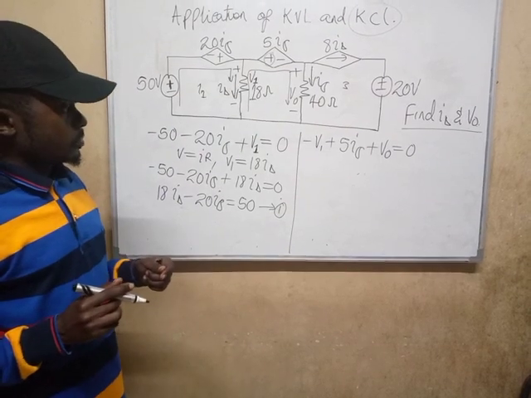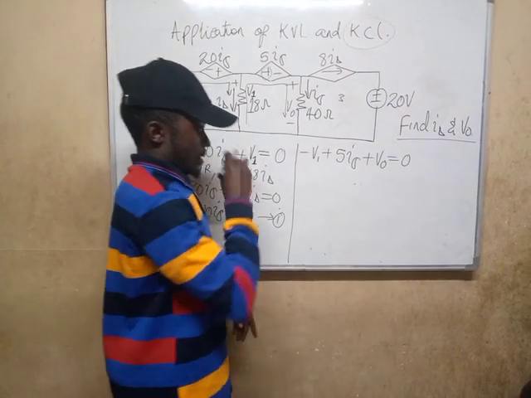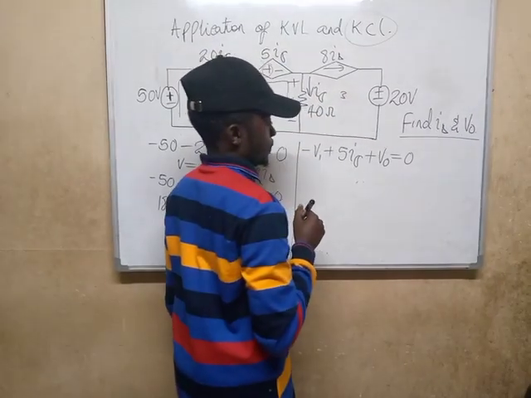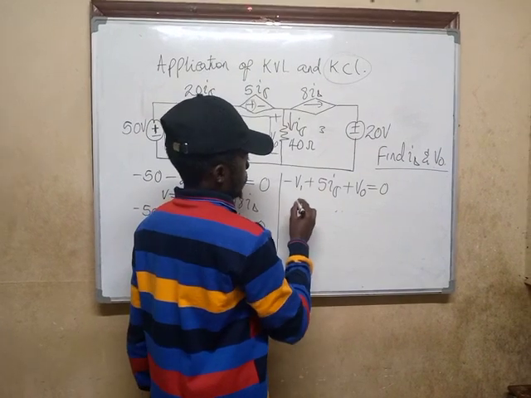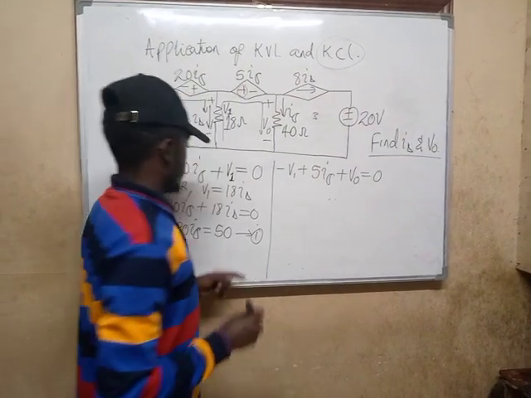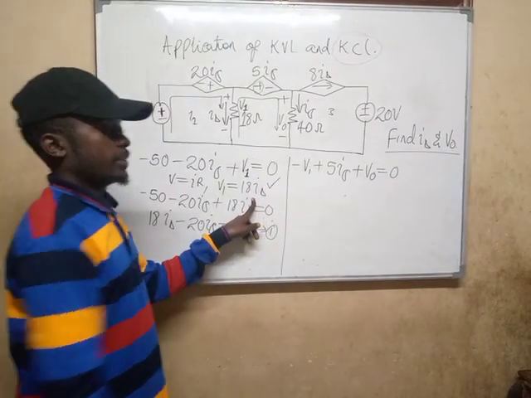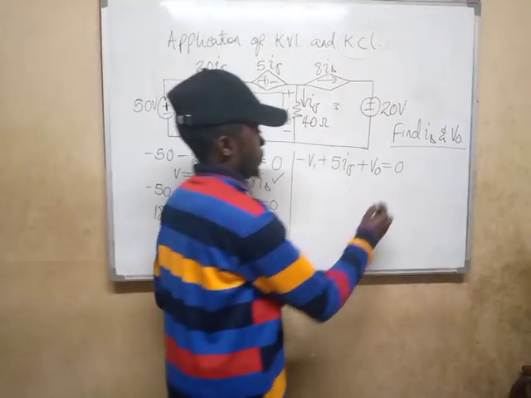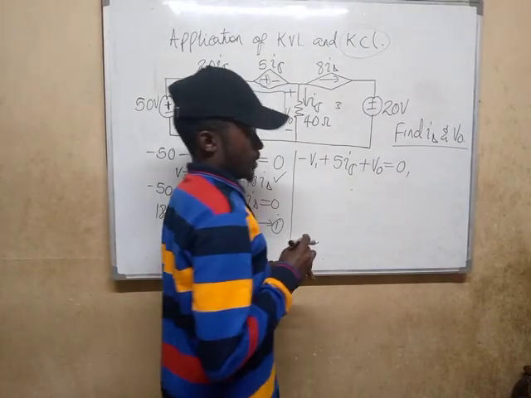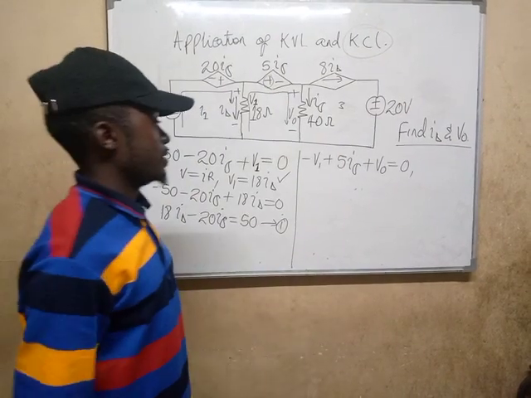But what we must know is that V1 is 18 I delta. What we don't know is VO. We are doing this because we want to leave everything in terms of current.